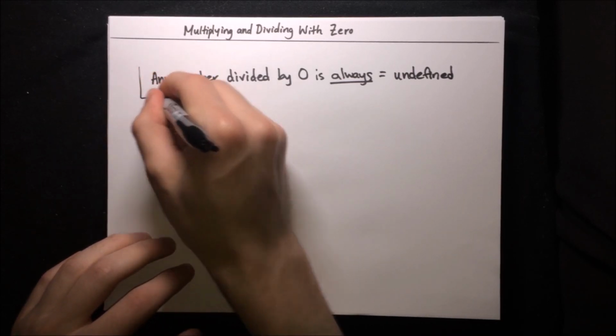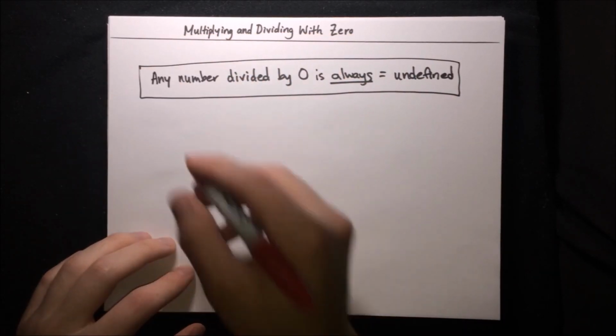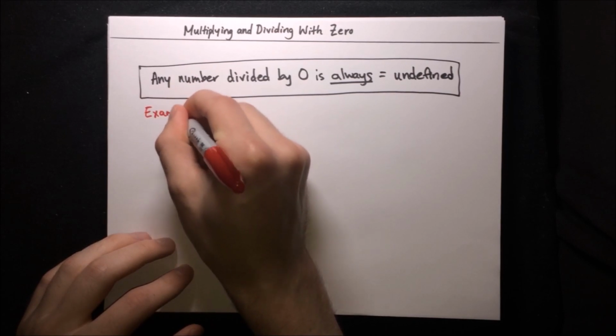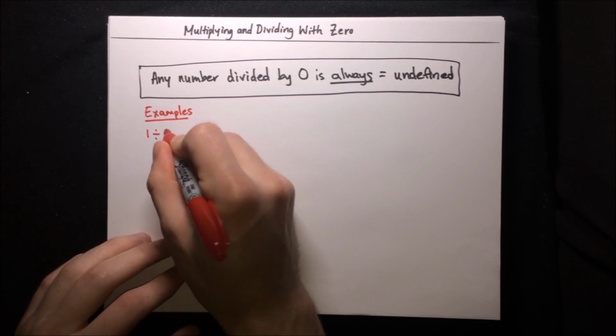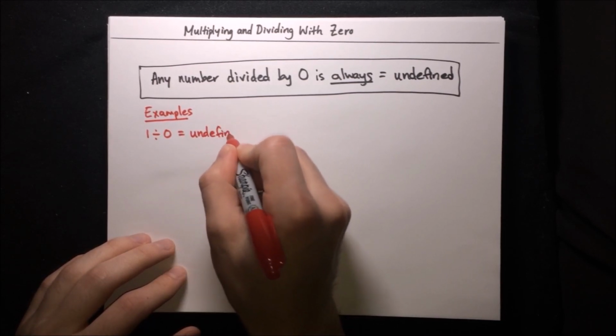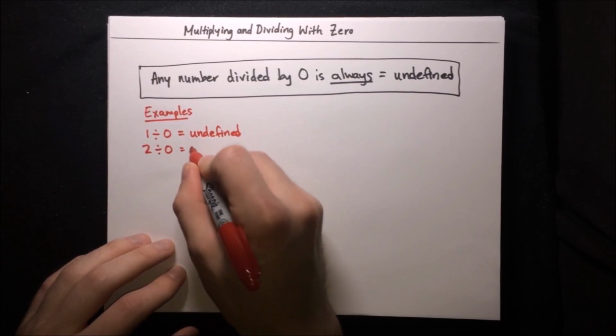So let's put this in a big box too, because it's pretty important. So here are some examples of this fact. First of all, 1 divided by 0 is undefined. Likewise, 2 divided by 0 is also undefined.